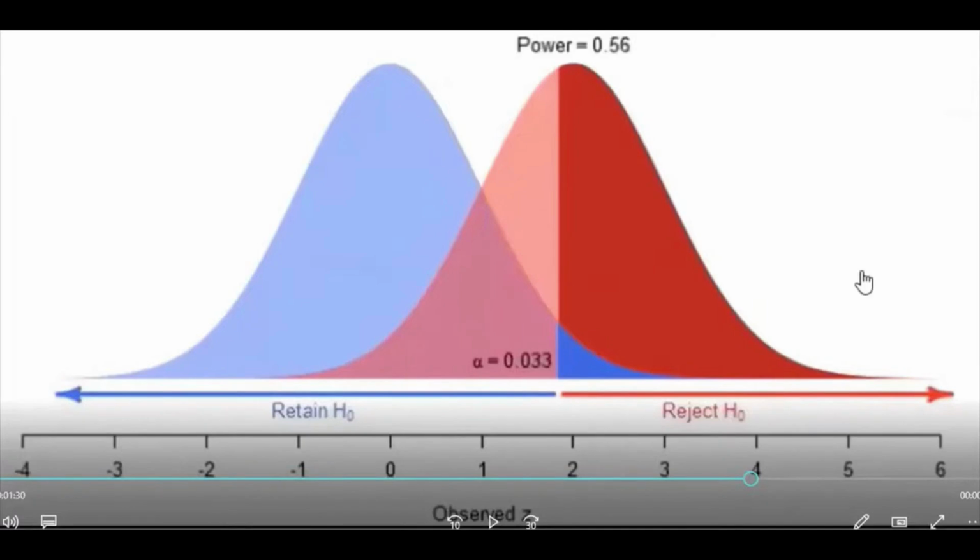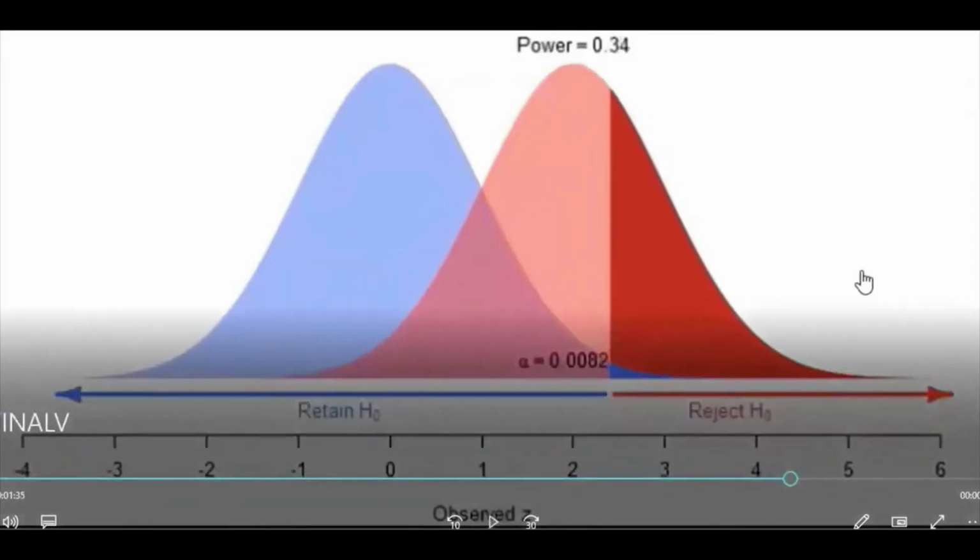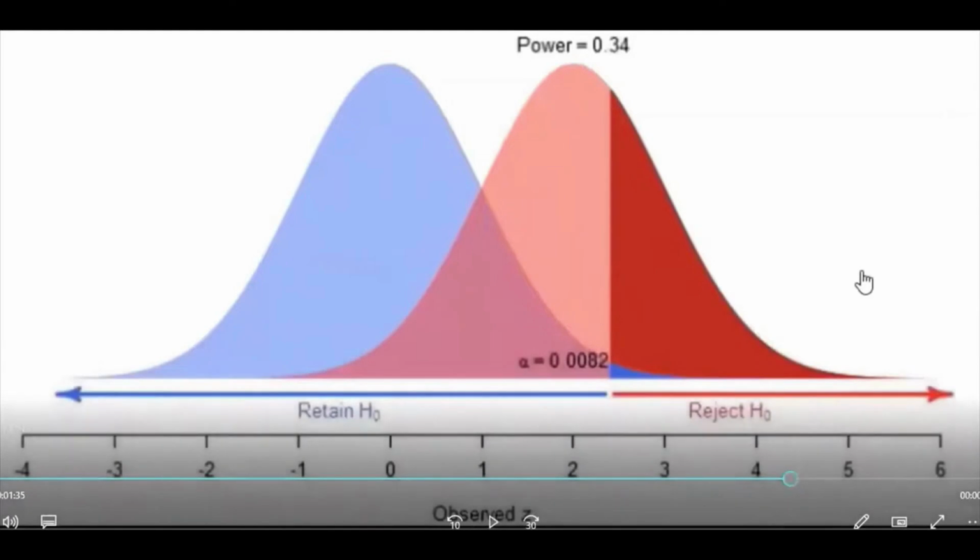So power is 1 minus beta. So 1 minus beta will increase if beta decreases. Let's run this and check. Now, is power increasing or decreasing? See, power is decreasing because your beta is increasing.